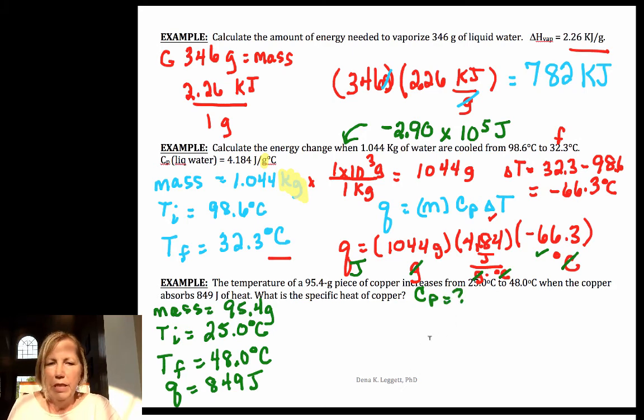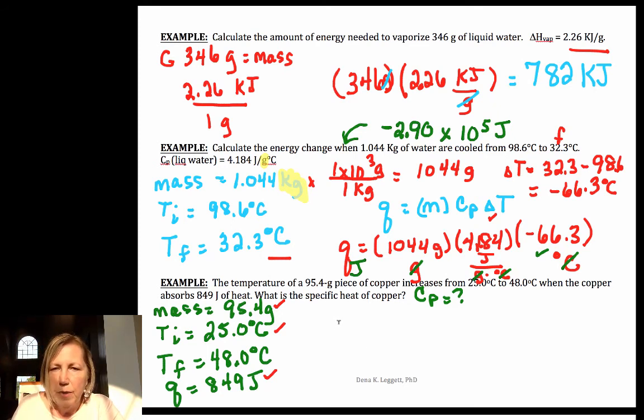So same formula, I have a change in temperature. If there's a delta T, use MCAT. And all I need to do first before I can plug into MCAT is check my units. I need grams, degrees Celsius, and I need joules because heat capacities are given in joules and grams. And again, Kelvin or Celsius works in this singular case.